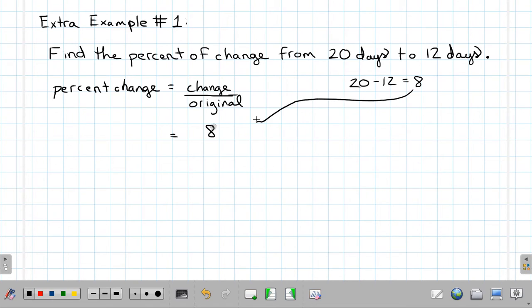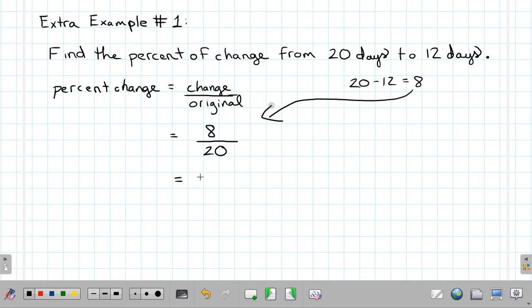That tells us what we're getting for the change: the number changed by 8. Over, well, in this case, the original amount. We're going from 20 to 12, so that means the original amount is 20.